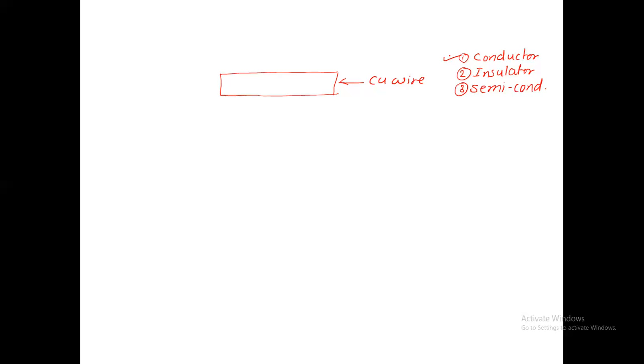Are the valence electrons and the free electrons the same? Yes or no? No. What is meant by valence electron? The electrons present in the outermost shell or at the last orbit of an atomic structure, those electrons we call valence electrons. Then what is meant by free electrons?